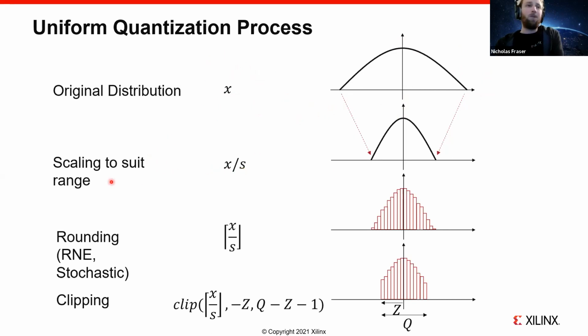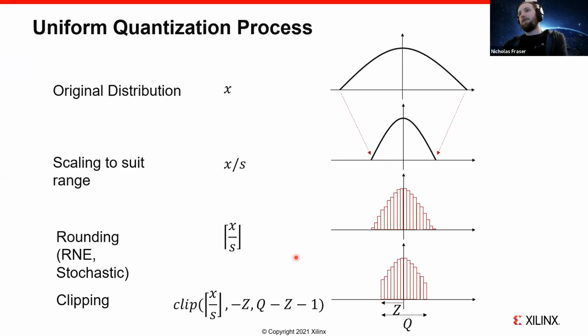So firstly, we probably want to scale this to some range that will map some of these values to a set of integers that we're mostly interested in. Then we're going to round the values in that distribution, and it changes it from this continuous function to this staircase function of a bunch of histograms of different predetermined values, right?